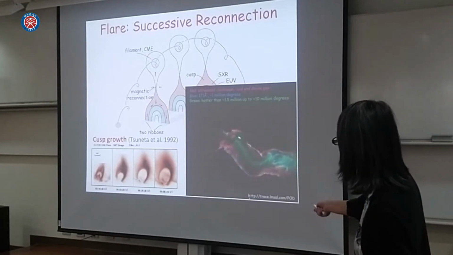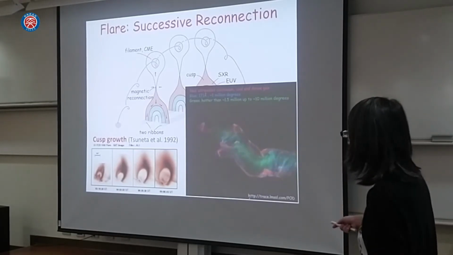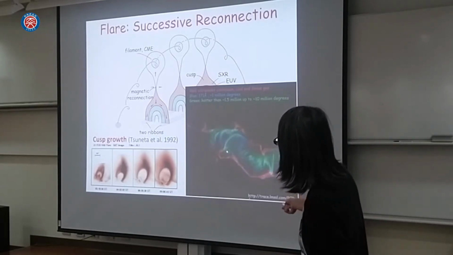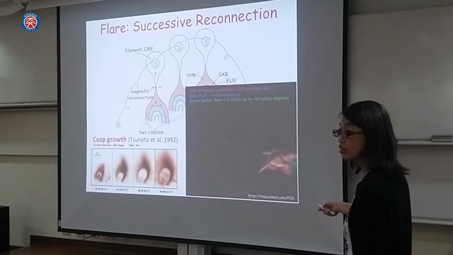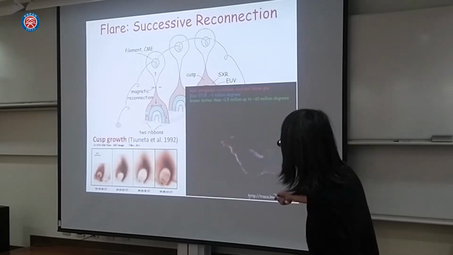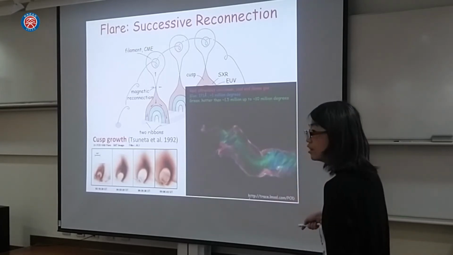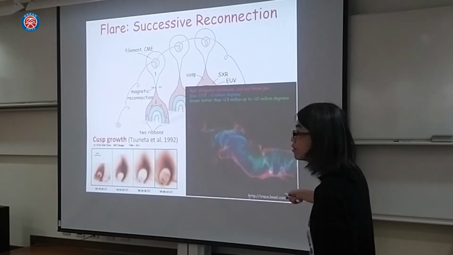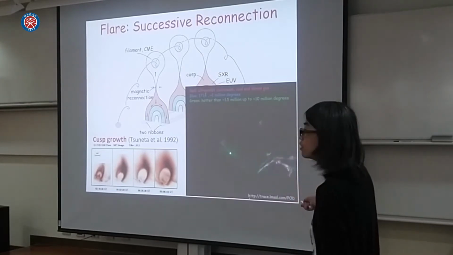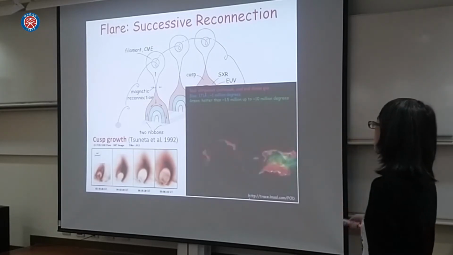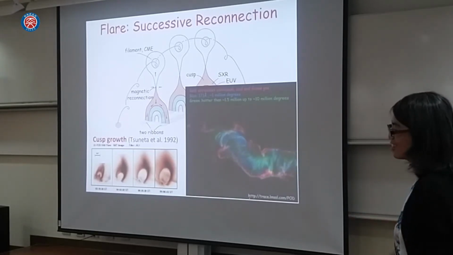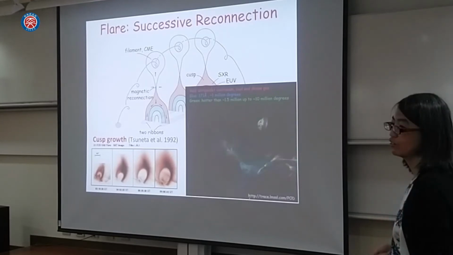I'm not sure if you can see the loop structure in UV, but as the hot plasma cools down it forms an arcade loop that can be seen in the UV. So that's the observational evidence for reconnection. I would say the flare is a result of successive reconnection.